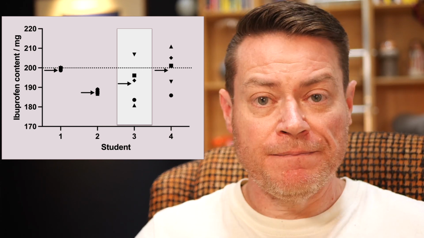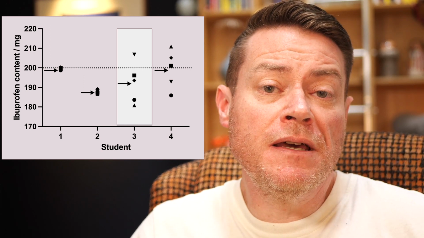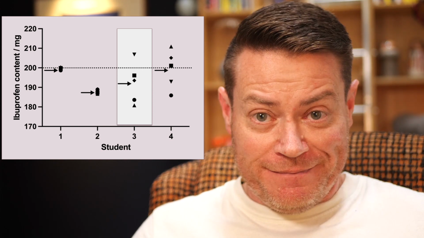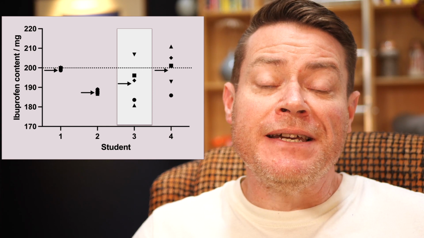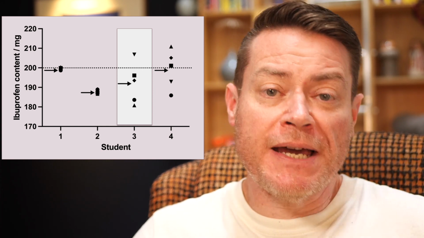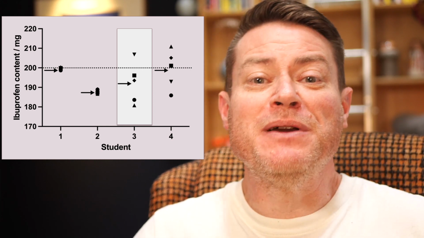Then look at the mean. Is it close to the true answer or not? No. So the data are inaccurate. Student number 3 is operating without accuracy or precision, and we probably need to summon them for a chat.